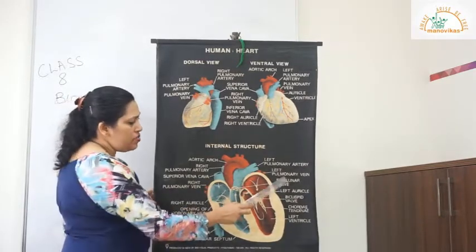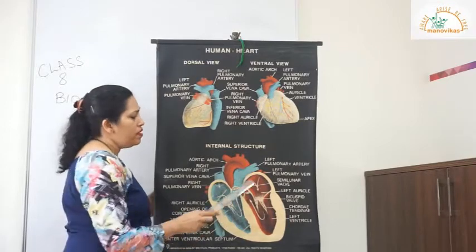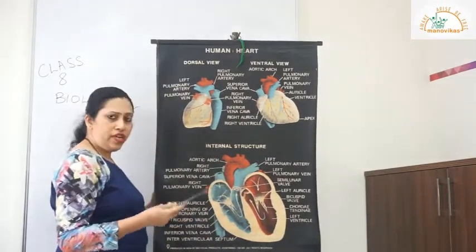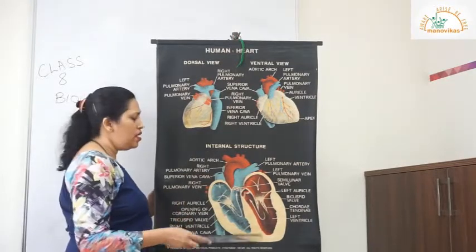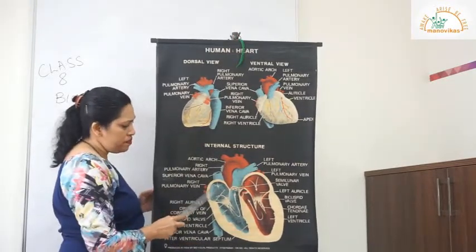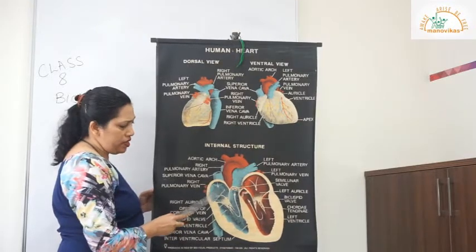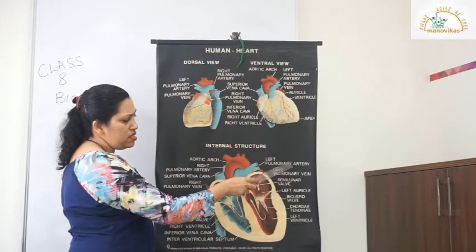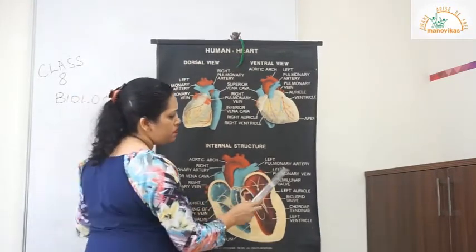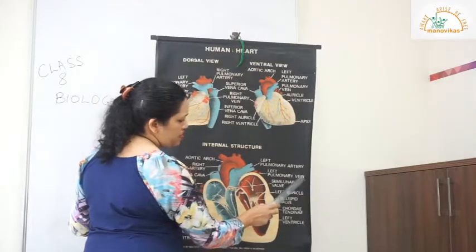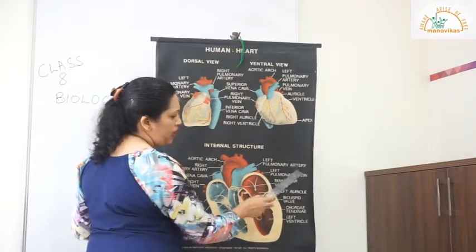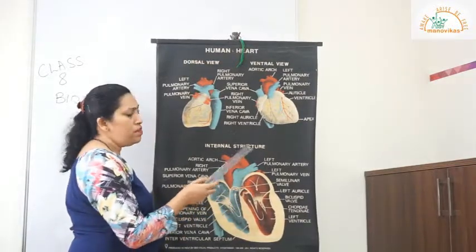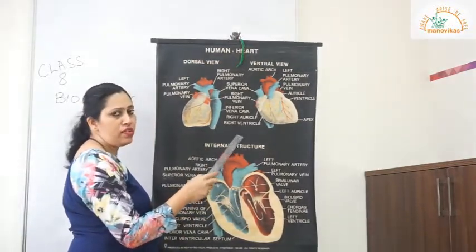Simultaneously, on the other side, the blood which has gone to the lungs for purification or gaseous exchange comes back through the pulmonary veins: the left pulmonary vein from the left side of the lungs, and the right pulmonary vein bringing the blood from the right lobes of the lungs.